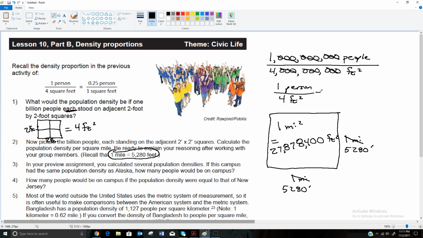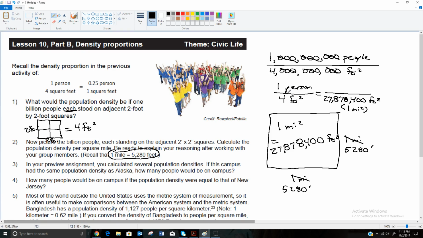So if we go up here, remember this is 1 square mile. So 1 person per 4 square feet is how many people per square mile? So this is a square mile, 27,878,400 square feet.